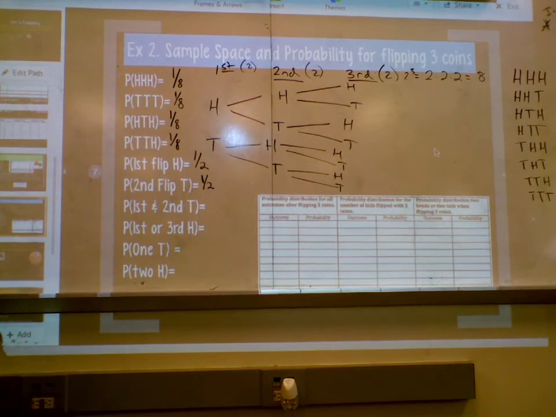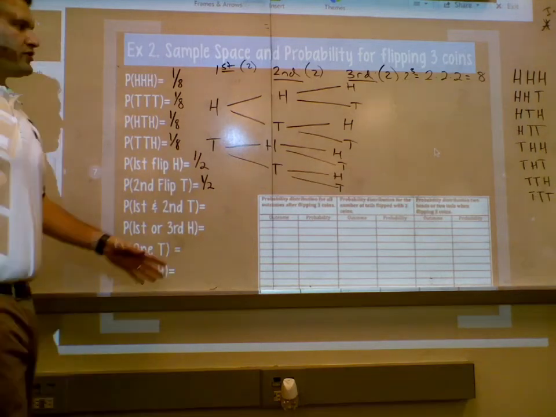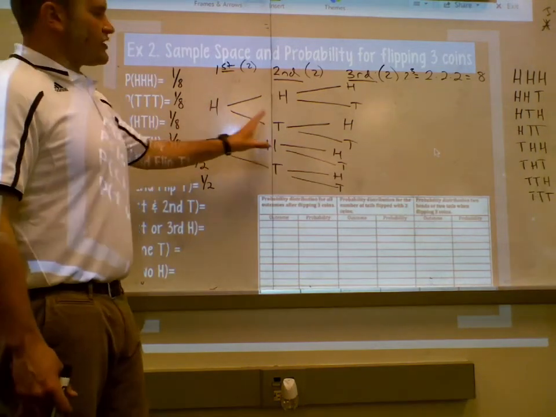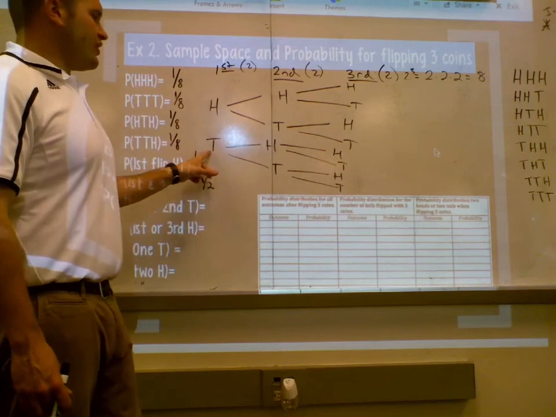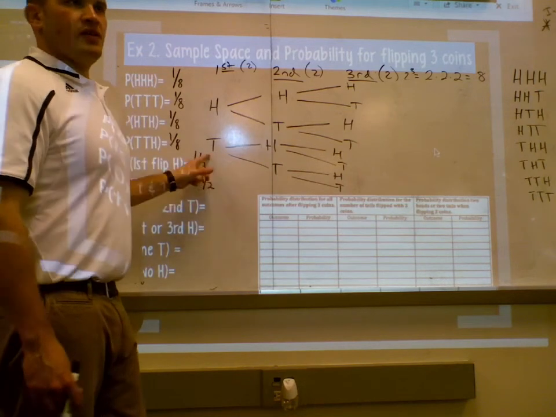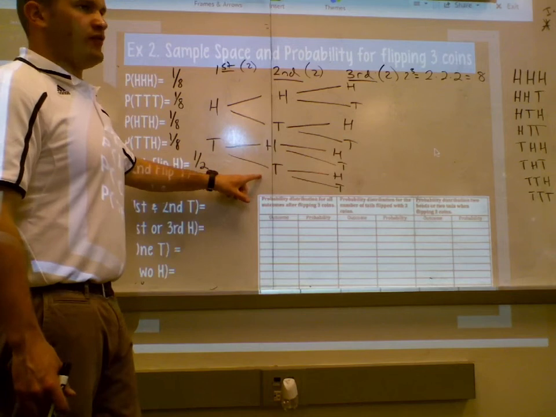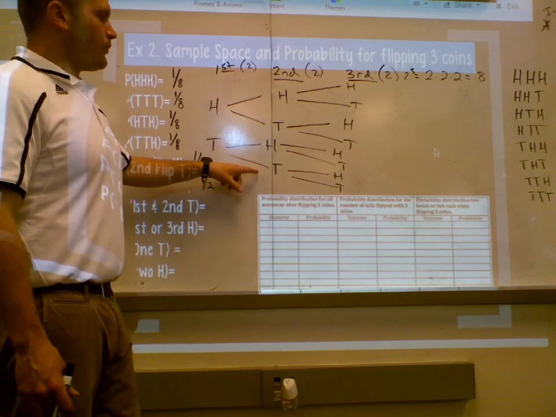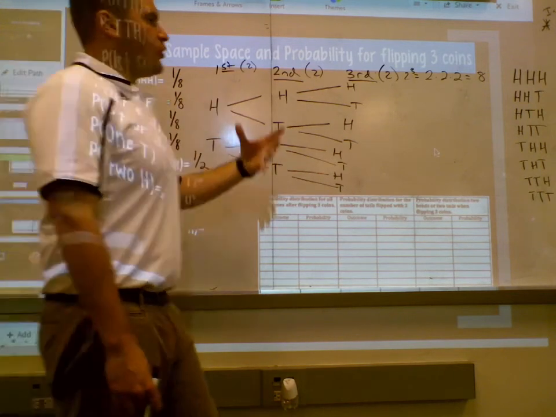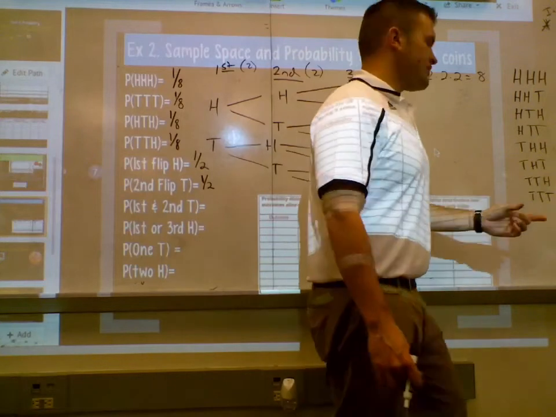First and second flip is a tail. 2 ways to get into this. I can look at it this way. First and second flip, the only one where they're both tails is this one, right? There's 1 path out of 4. Or I can look over here and say first and second's a tail.